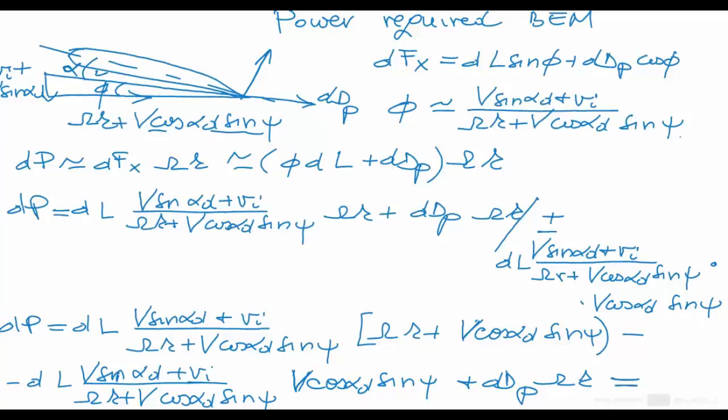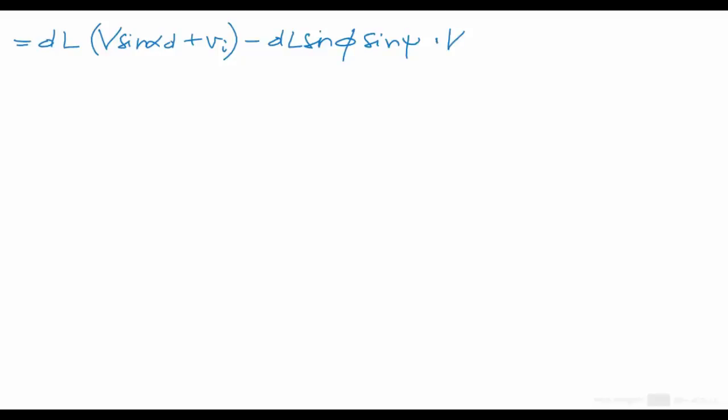So this is equal to dL multiplied by V sine of alpha disk plus vi, minus dL sine phi sine psi multiplied by V cosine of alpha disk, plus again dD multiplied by omega r.